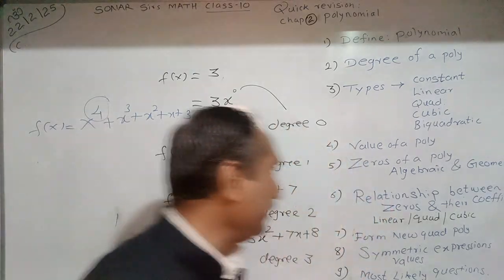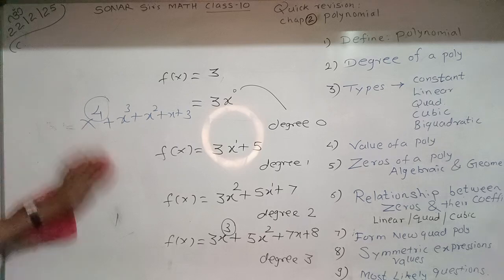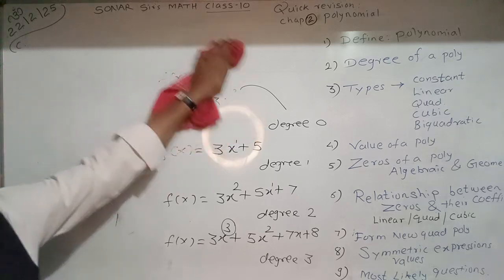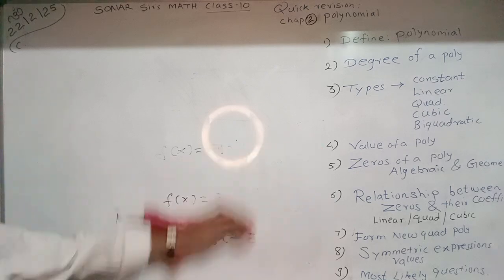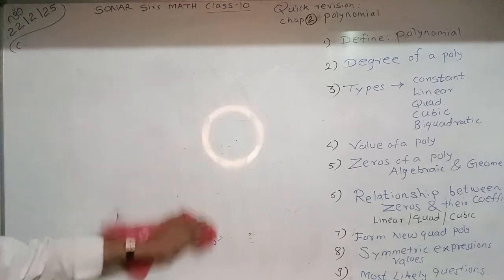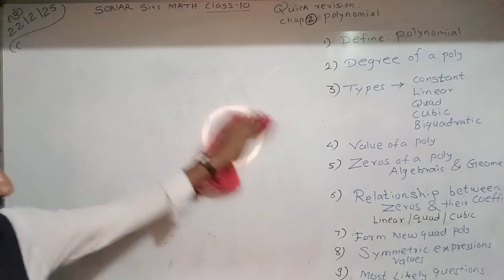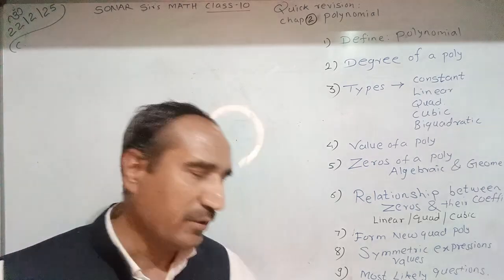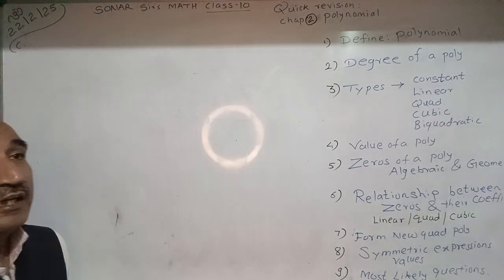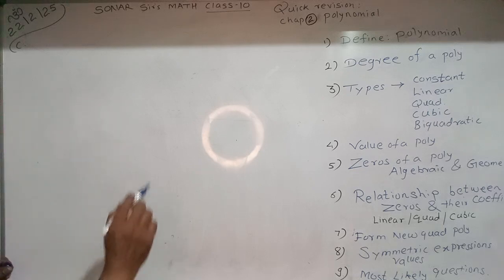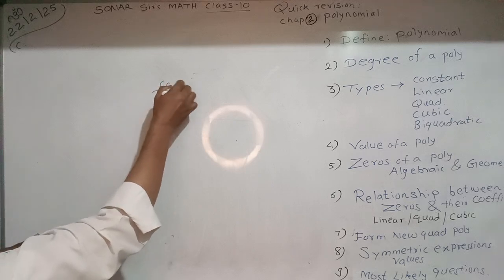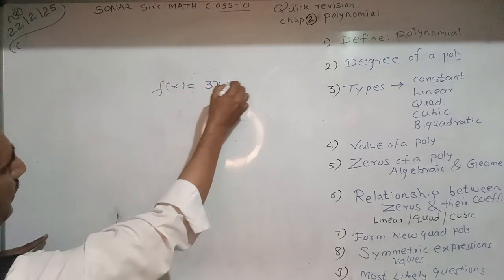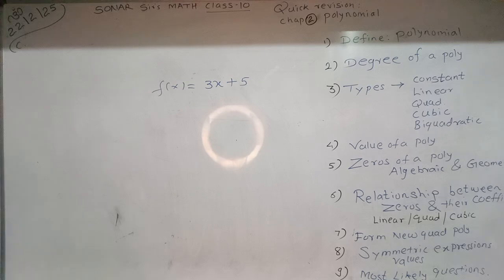Now, let's see the value of a polynomial. What is the value of a polynomial? With an example, we'll learn what is the value of a polynomial. Value of a polynomial is a real number for a variable. Let's take one example, 3x plus 5.